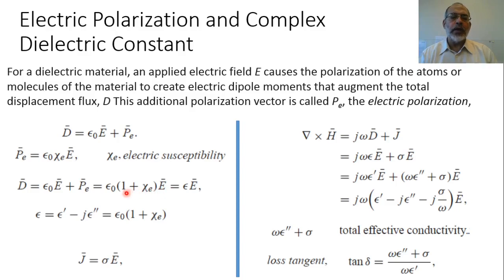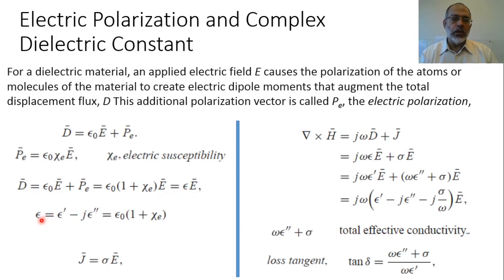The value of 1 plus xi will be defined as the relative permittivity of the material, and the relative permittivity multiplied by the permittivity of the free space would correspond to the permittivity of the material, which corresponds to epsilon. And epsilon in general is a complex quantity. It has a real part and an imaginary part.